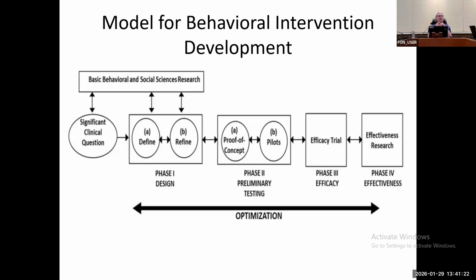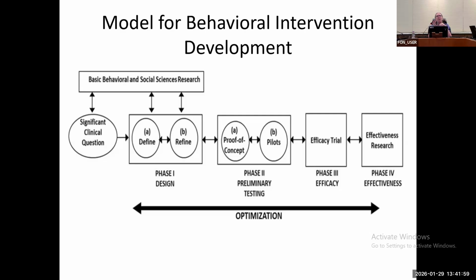And this is when we do our systematic review, because a systematic review helps us define what is known and also lets us know where the gap is. So we're really defining and refining our significant clinical question with phase 1 design, and often that is done with a systematic review.